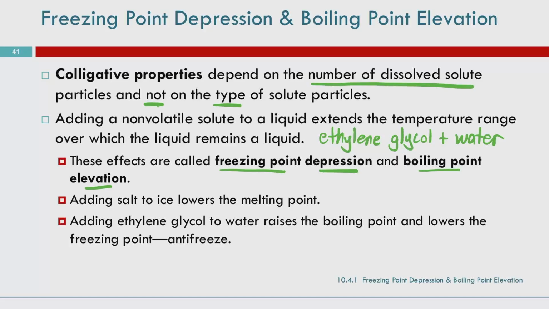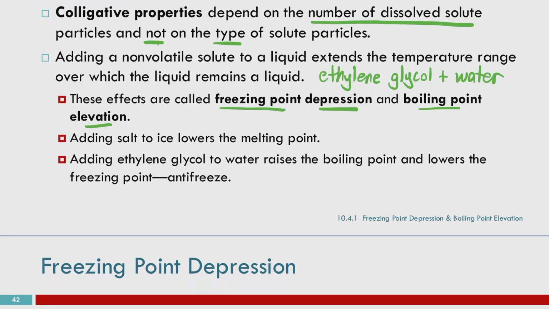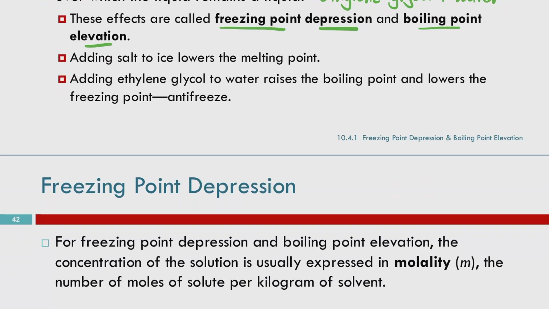But if you go up into the mountains or back east, oftentimes they'll salt the road because that lowers the melting point, also the freezing point, and makes it so that the road isn't as icy. Or you can just add sand to the top. If you add ethylene glycol to water, that raises the boiling point, lowers the freezing point, that's antifreeze.